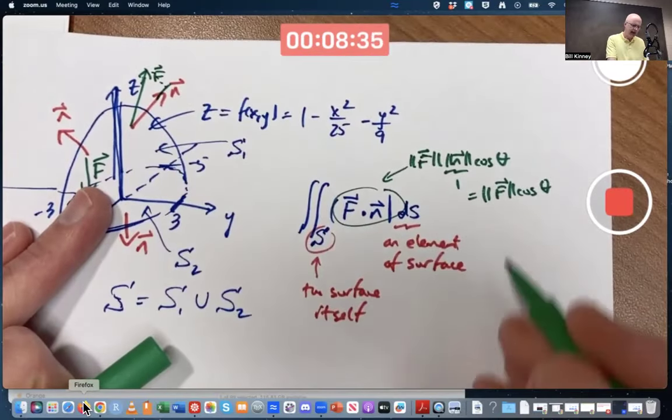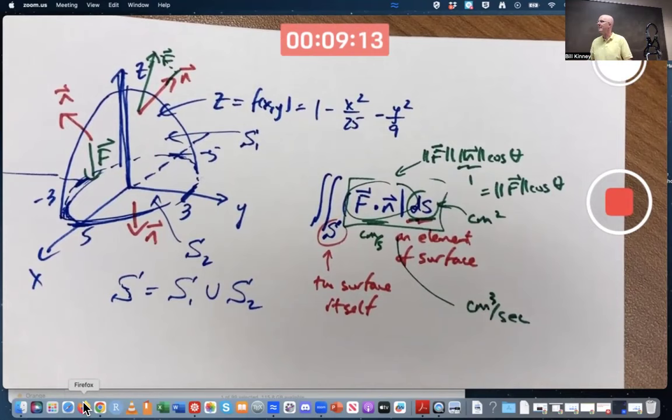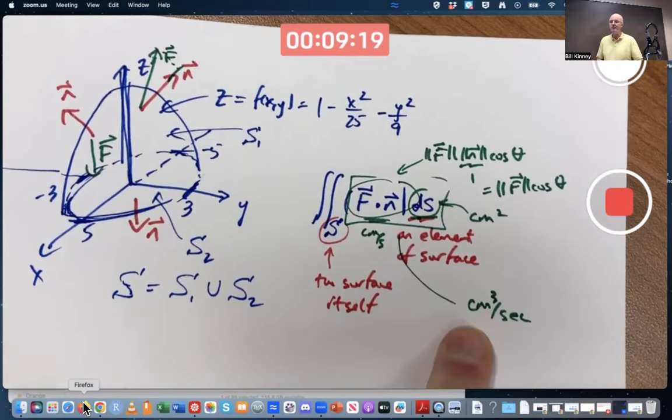You could think of it, if f is representing the velocity vectors of some fluid, as having units of, say, centimeters per second. And dS as being an element of surface area, so it's got units of square centimeters. And you could think of this as the little product, conceptually speaking, centimeters per second times square centimeters, giving you a product that has units of cubic centimeters per second, an amount of volume of fluid passing through the surface, the flux, volume per unit time.